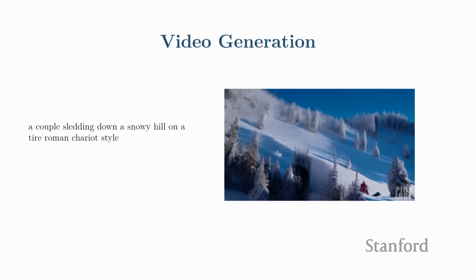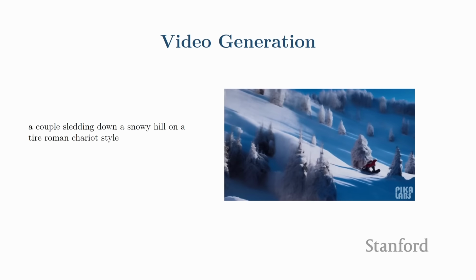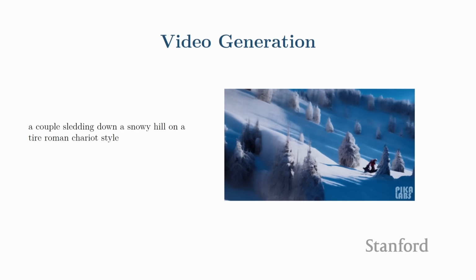Here's another example. Here you're asking it to generate a video of a couple sledding down a snowy hill in the Roman chariot style. And this is what it produces. Pretty short videos. At the end of the day, you can think of a video as a sequence of images.